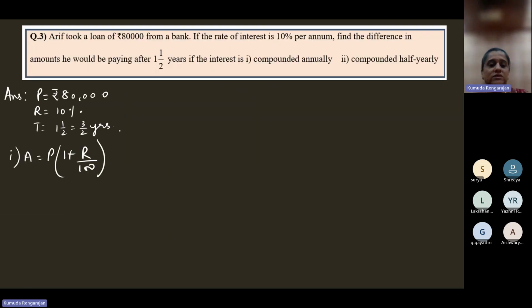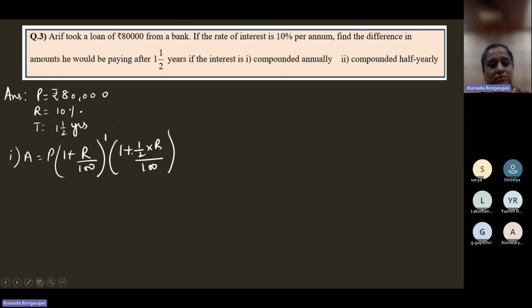So here it is 1.5. You don't have to write it as 3 by 2 actually. 1.5 years. So A is equal to P into 1 plus R by 100 to the power 1 into 1 plus 1 by 2 into R by 100.